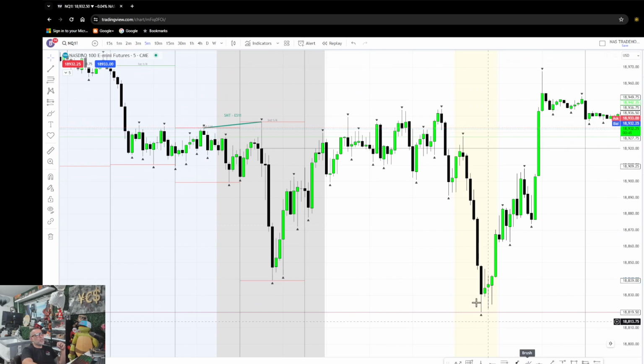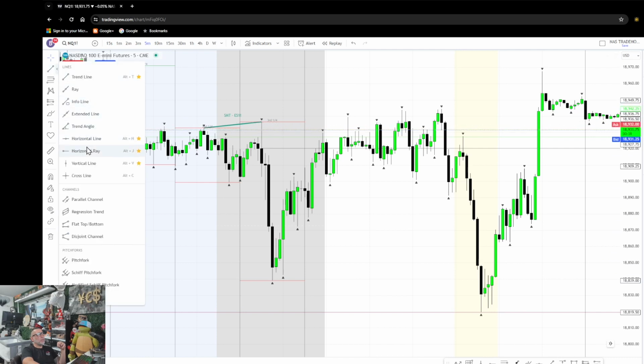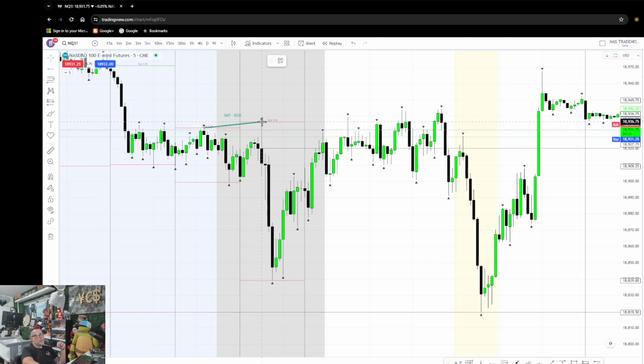And the reason why I didn't take it was we didn't displace above this high. Unfortunately, what I needed was this high to be closed above. We did have a close above, but then automatically a candle came back down and closed below. At that point in time, I wasn't confident with that trade. Not to mention that we had SMT here.